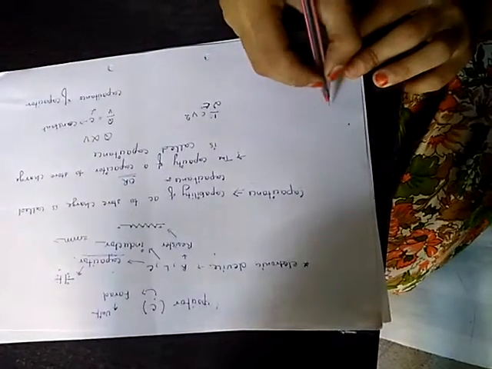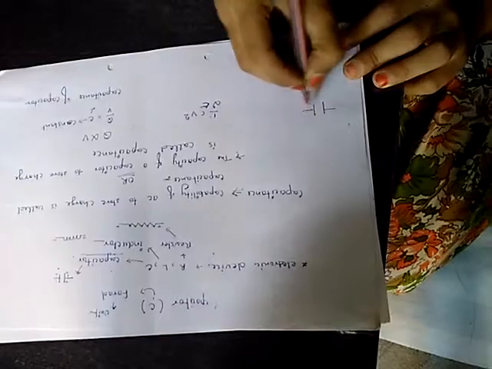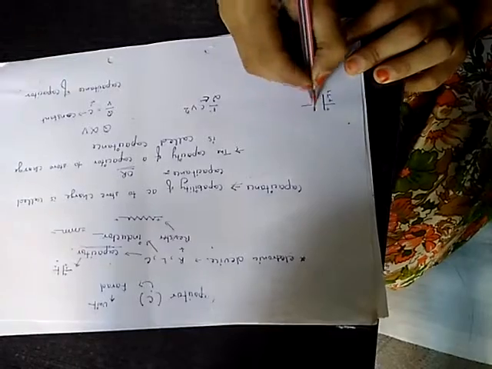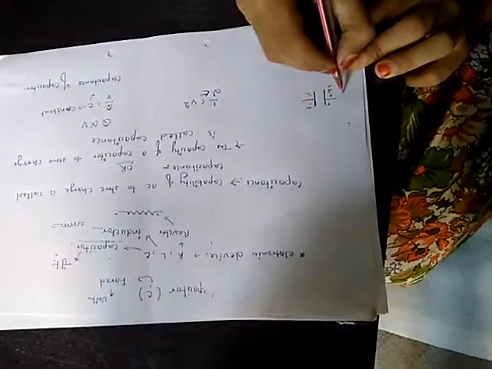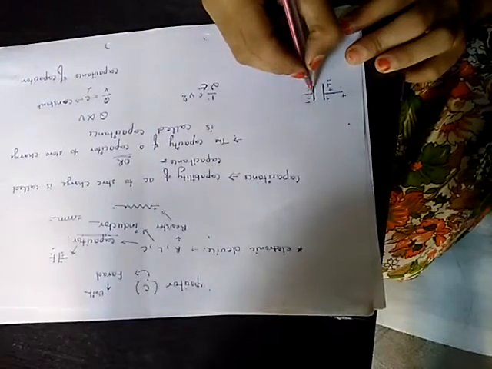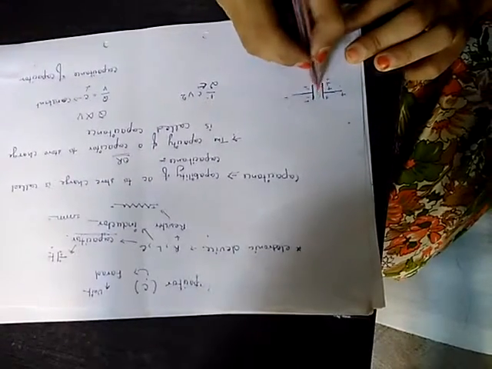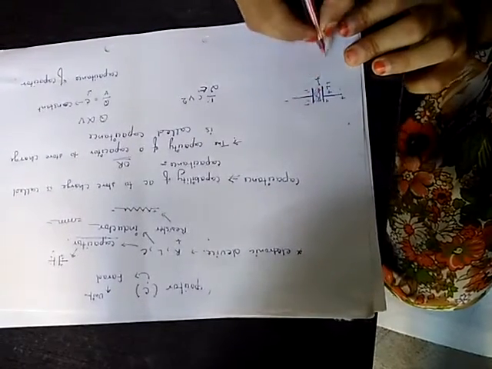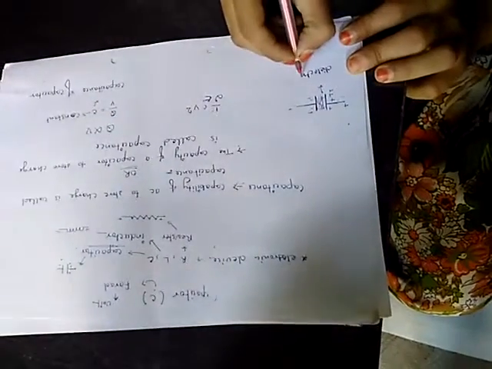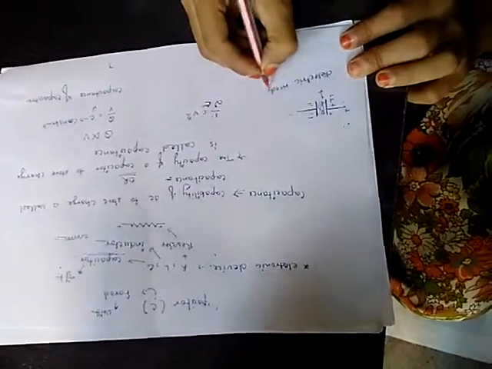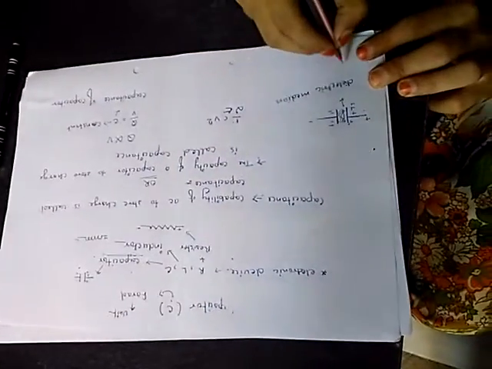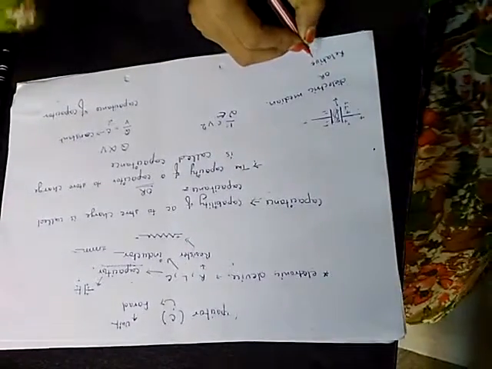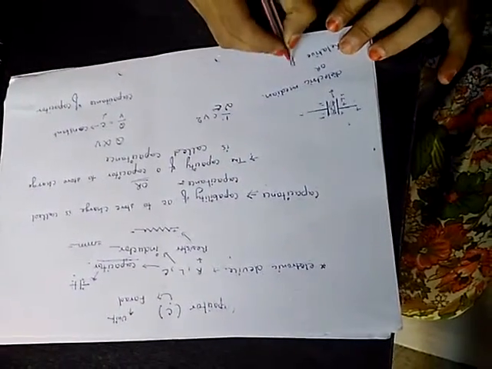This is the symbol of C: a positive plate terminal and a negative plate, so that its terminal is positive and the other negative, and there is no physical contact between the two plates. What lies between is called the dielectric medium, or relative permittivity.